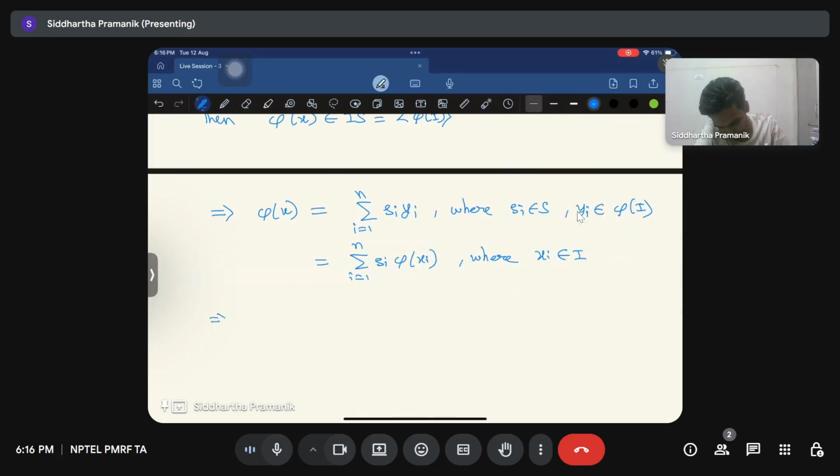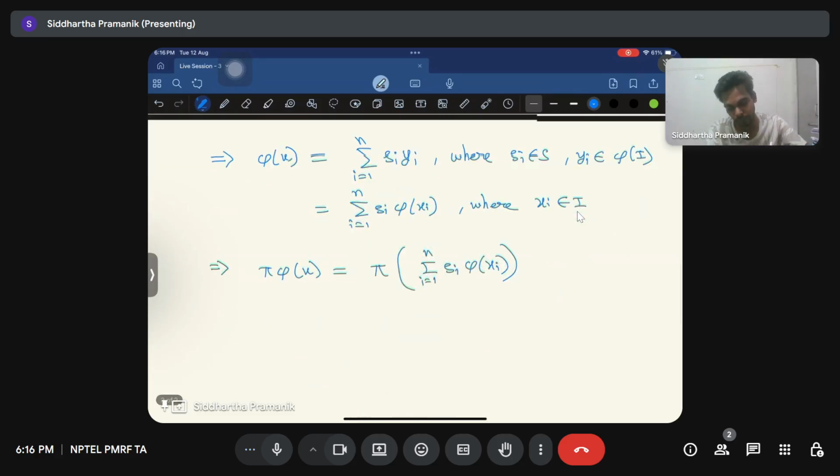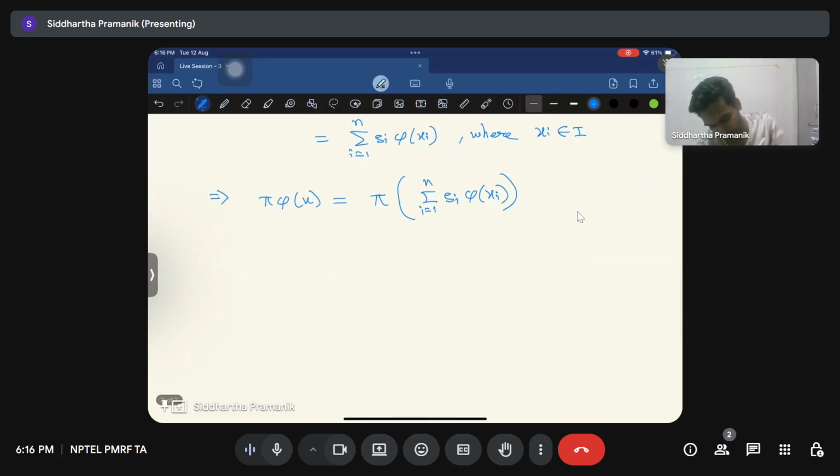So this will imply pi of phi of x is equal to pi of summation i equals 1 to n si pi of xi. Now pi compose phi is identity, so this is just x.